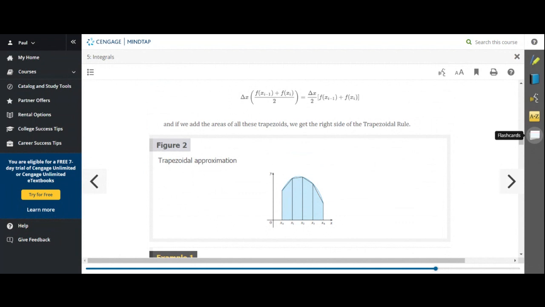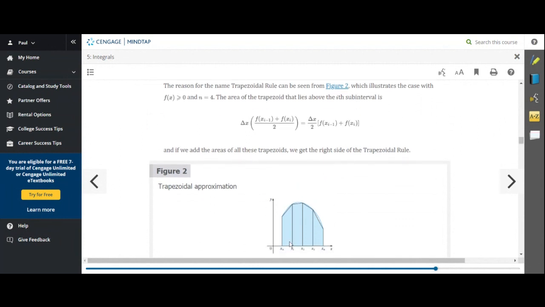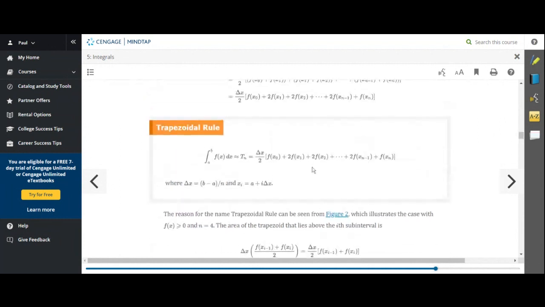Maybe it's been a while, it's going to be 1/2 times the base times the sum of the two sides of the trapezoid. And if you were to add up all the areas of the trapezoids, you would get this general formula here called the trapezoidal rule. That's another way to approximate the area underneath the curve.